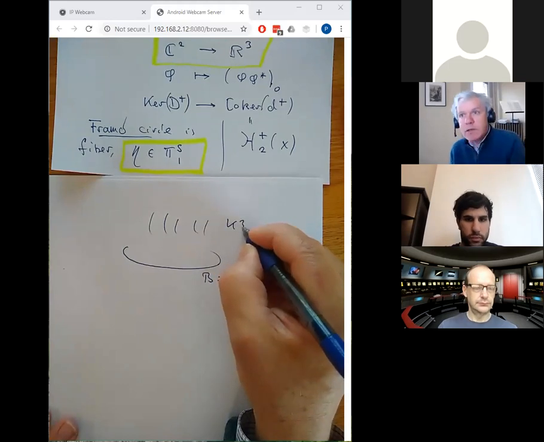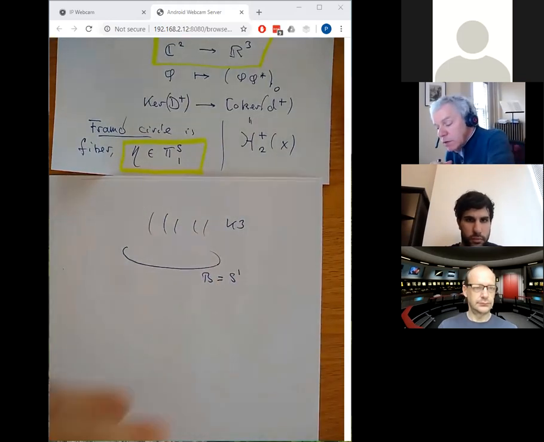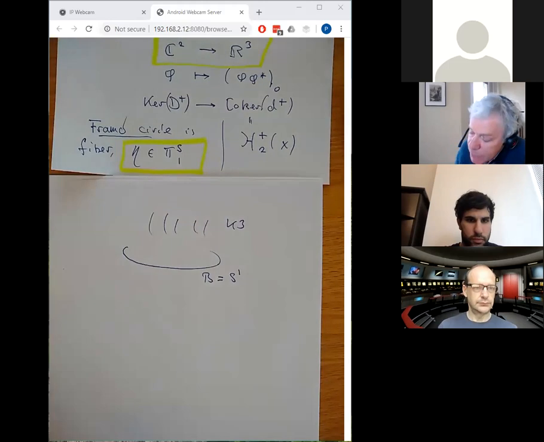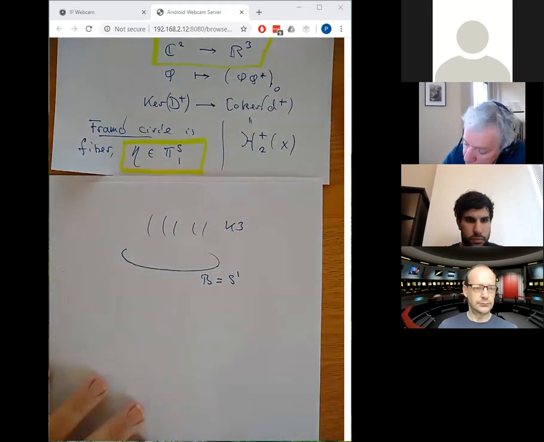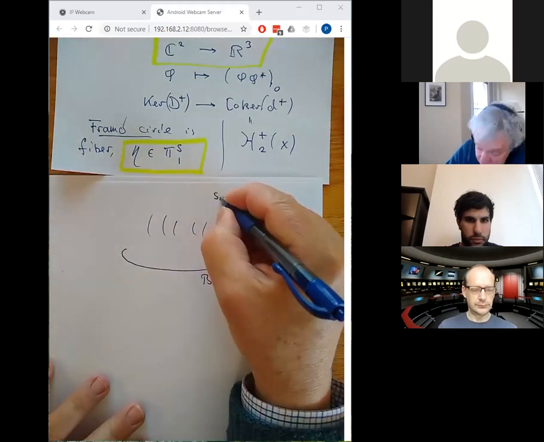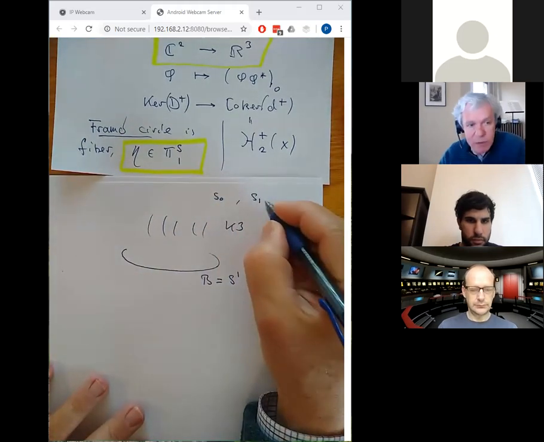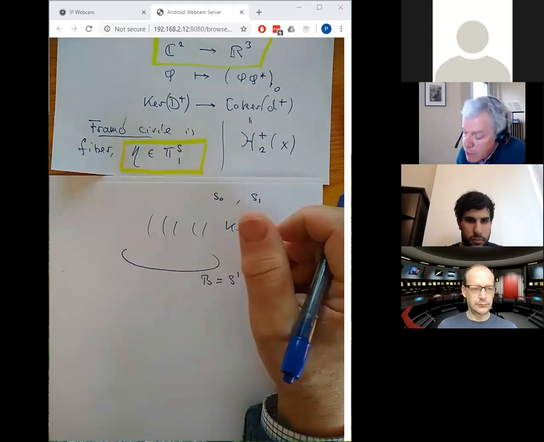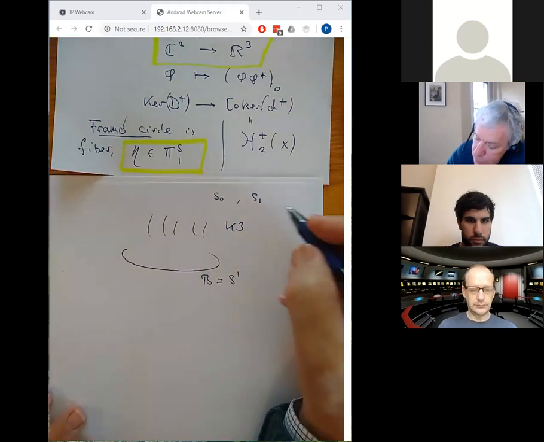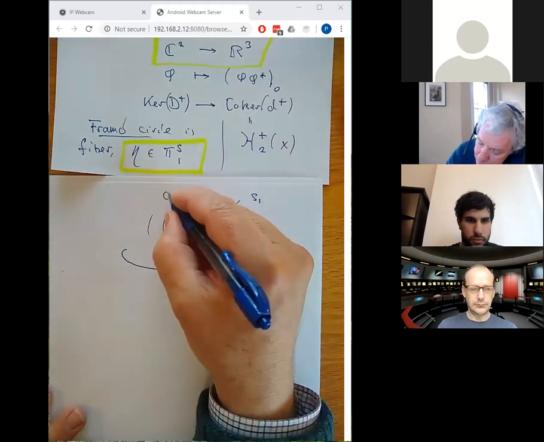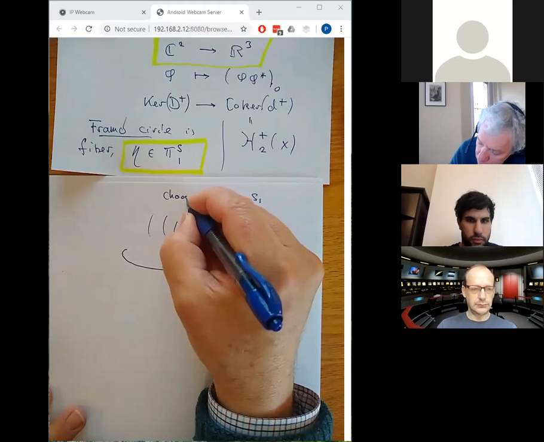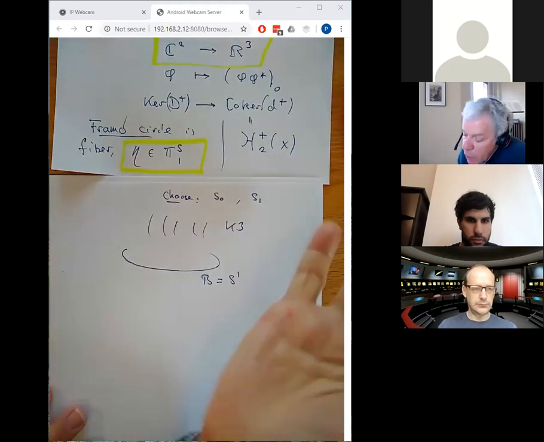And remember, there are two possible spin structures in families, in this family of K3 surfaces. There's S0, which is the product, or the interesting twisted one, S1, which corresponds to this Dehn twist situation. Choose one of those either way.